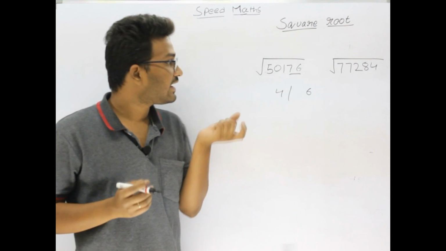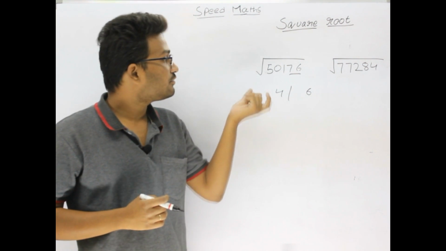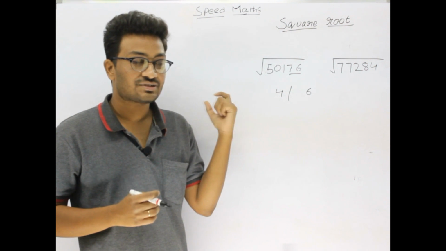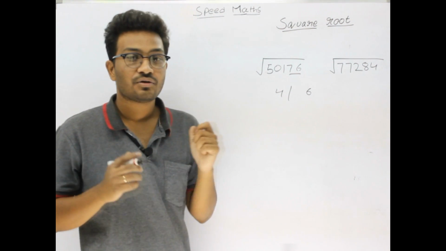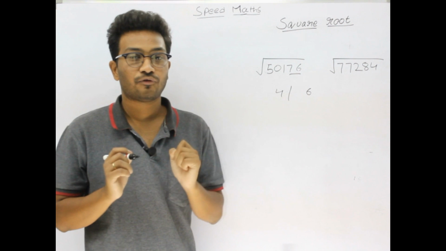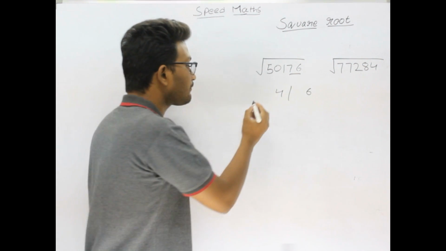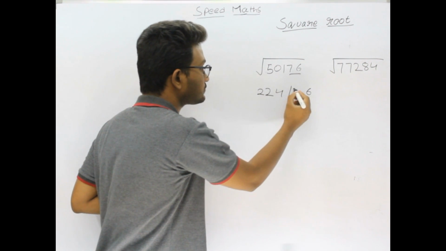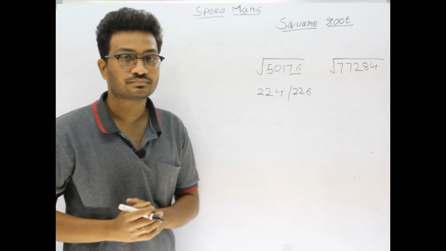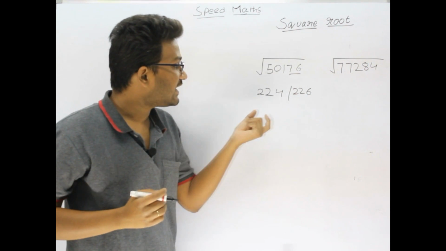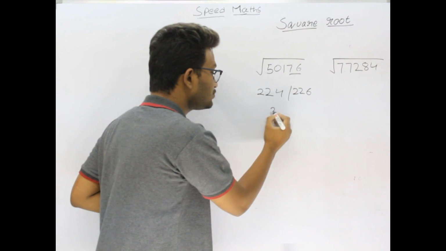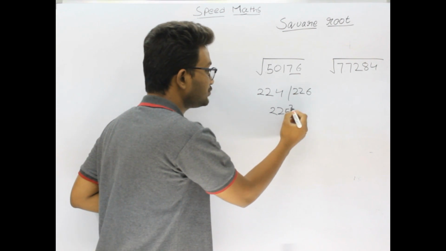So we have to take a square which is less than 501. So the square which is less than 501 is 484 and the square root of 484 is 22. Right? Now take the middle value, that is 225 square.